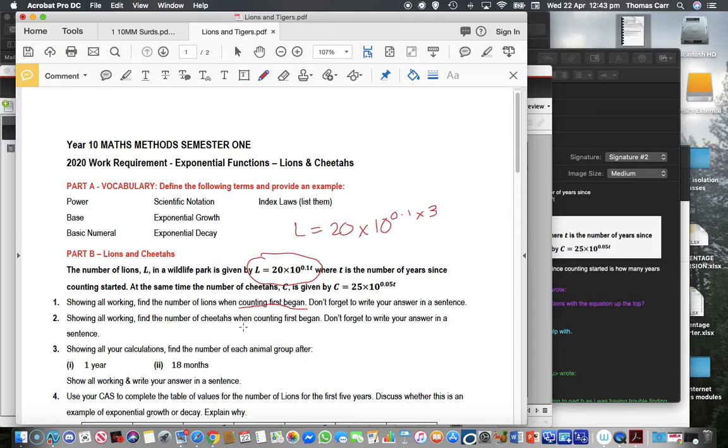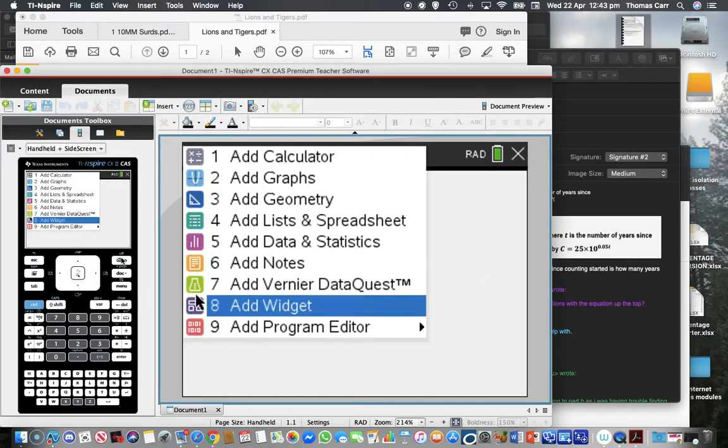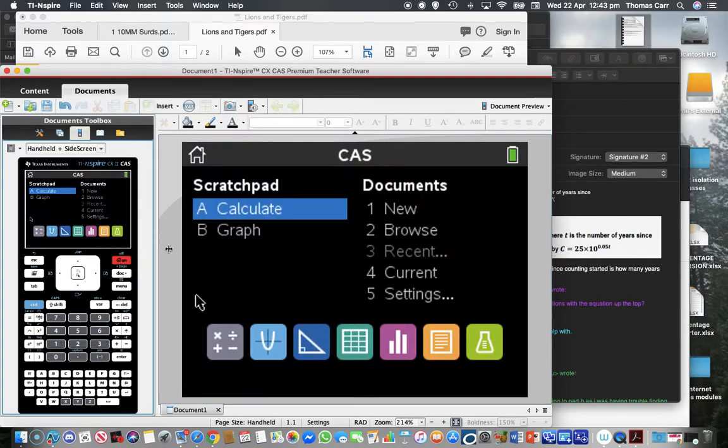To find the number of cheetahs when counting first began, I don't want to use the lion formula. This tells me how many lions there are. I want to use the cheetahs formula. Alright, well, let's have a look at the CAS calculator, how we use that. I go to my home page.